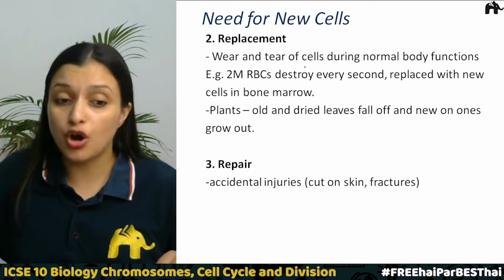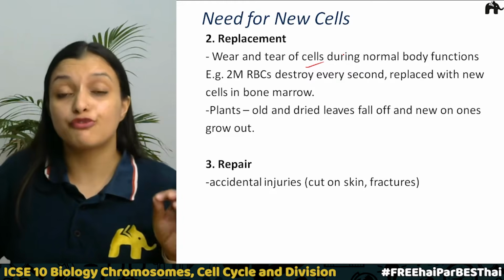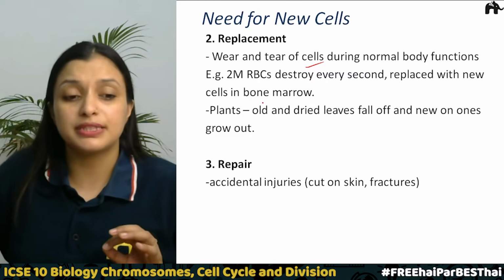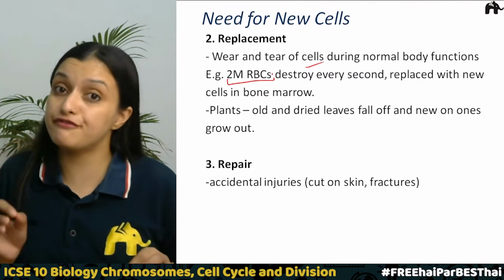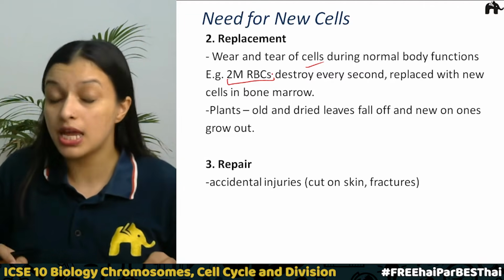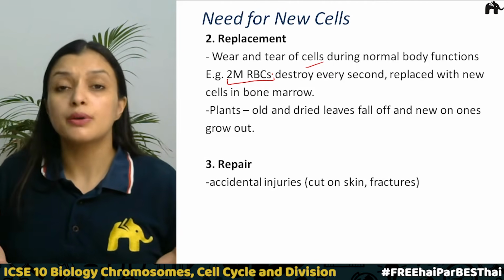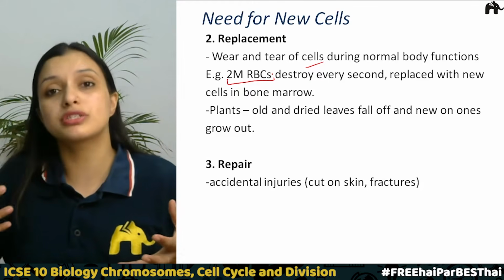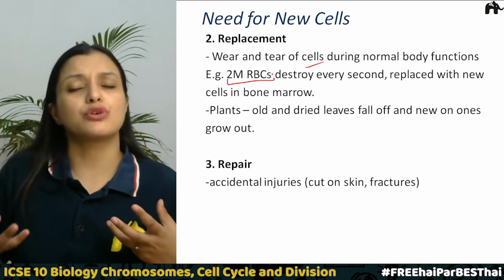Normal wear and tear of cells happens. A very good example is that around 2 million RBCs are destroyed every second in our body. RBCs are very important to us because they have hemoglobin which carries oxygen, and they carry carbon dioxide which is thrown out of the body.